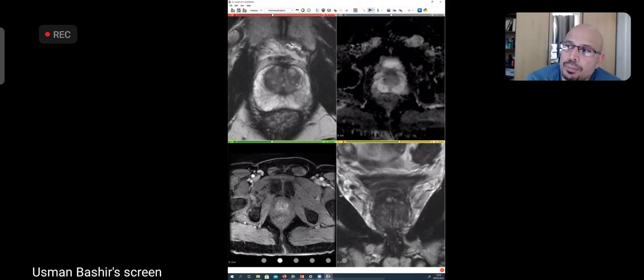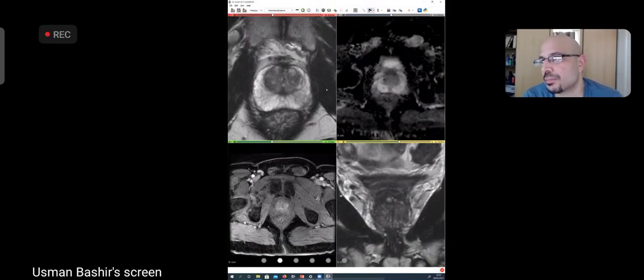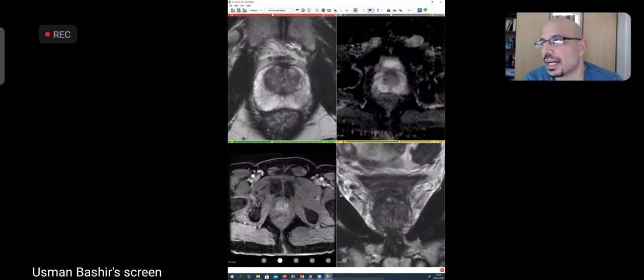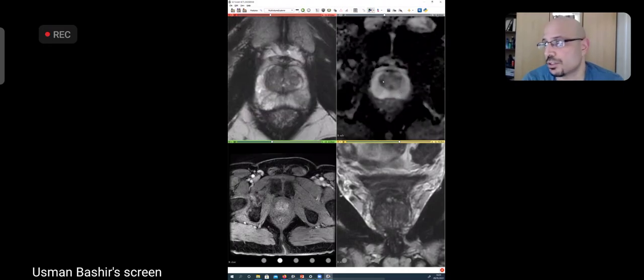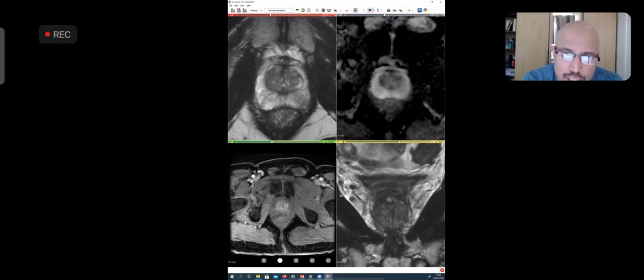And obviously, if I was not sure, then I would look here. But remember, like I said before, you must never look at the ADC map first to diagnose the transitional zone. Otherwise, you call this cancer, that cancer, that cancer. Unnecessary intervention and so on. Likewise, you can't use DCE because the whole transitional zone is enhanced. And I can go further back and you'll see actually all of it enhances symmetrically early.